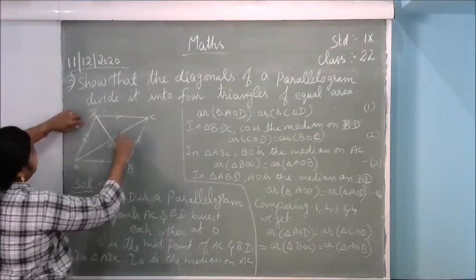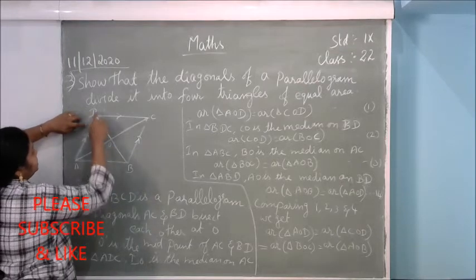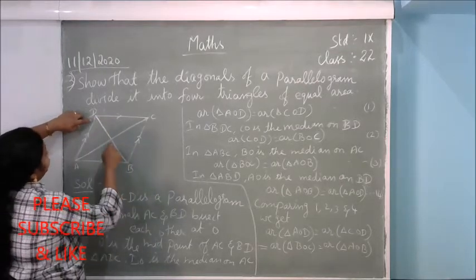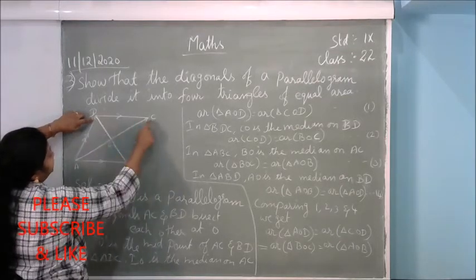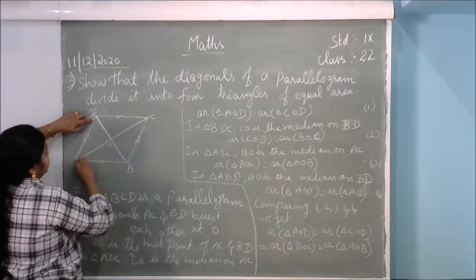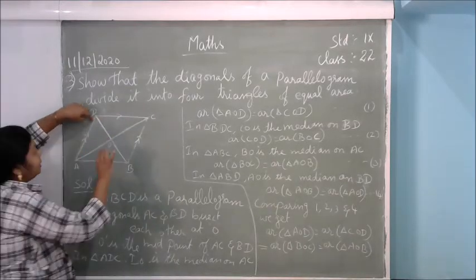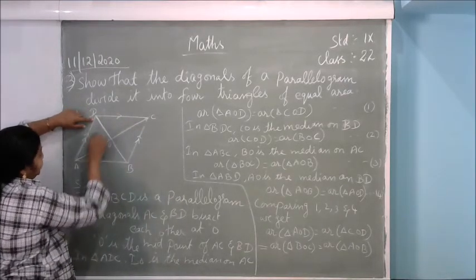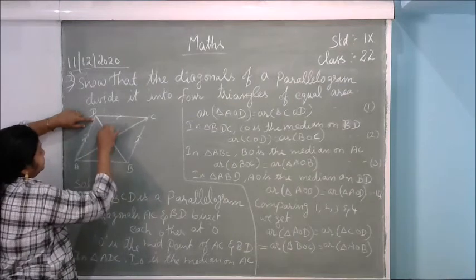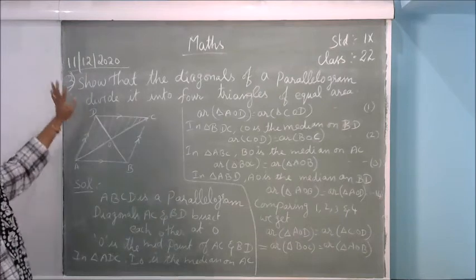DO is the median of AC means area of ADO is equal to area of DOC. These two areas will be equal. DO is the median in this triangle ADC, so this area and this area will be equal. That we learned in the previous sum.